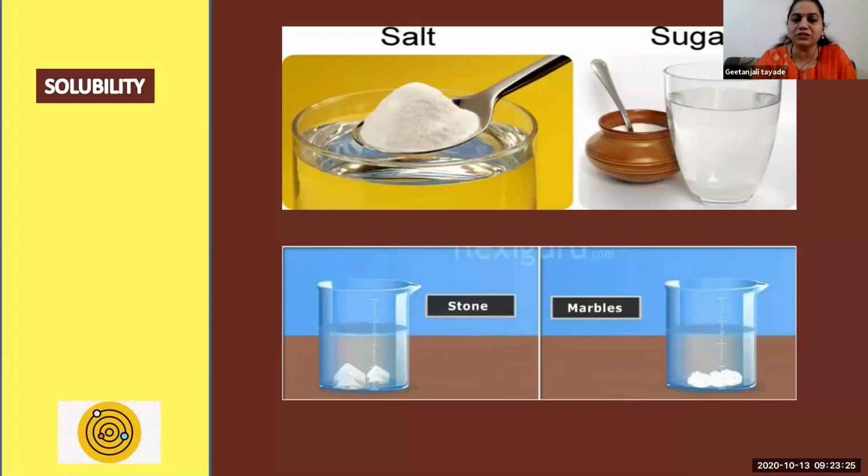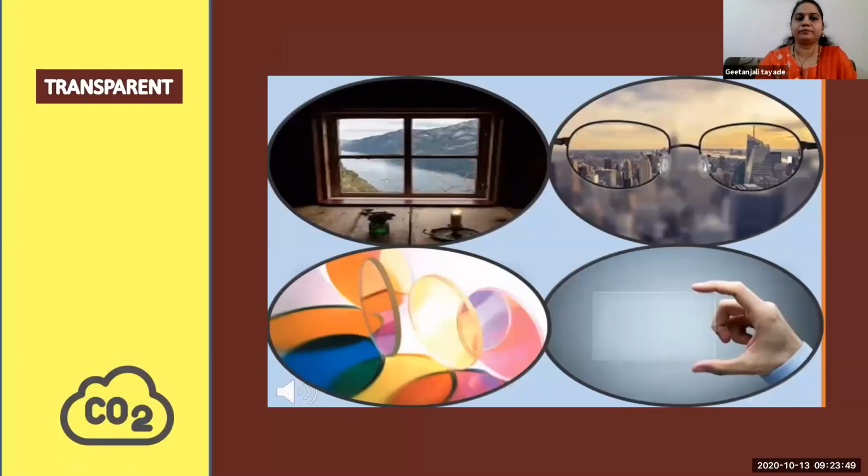Here we are considering the example of salt and sugar. They are soluble, and stone and marble are insoluble. Okay, so this is called the solubility of that substance.